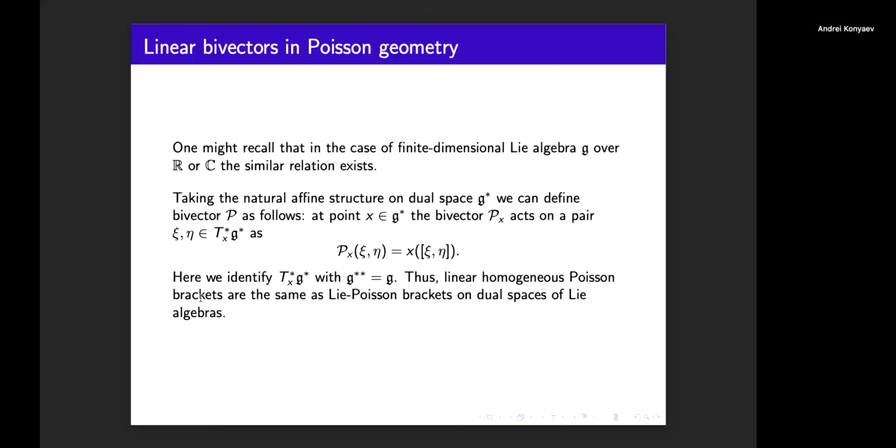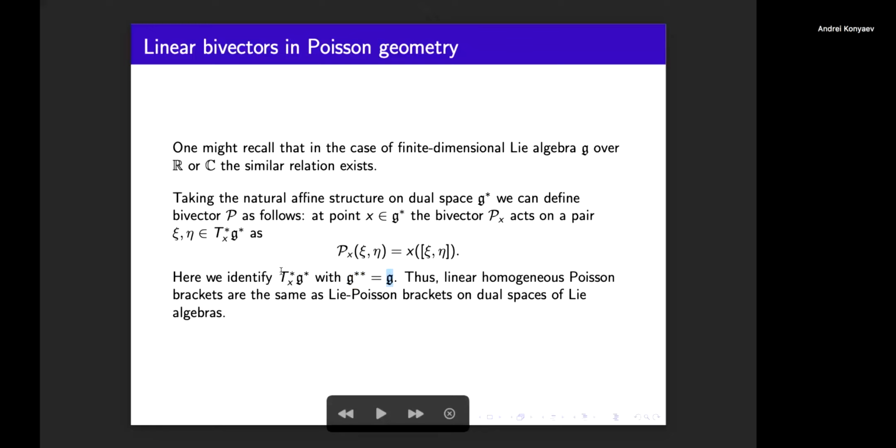We say that if you have a finite dimensional Lie algebra, then there is a natural affine structure on both the Lie algebra itself and its dual space. If you have a Lie algebra, then you can define a bivector which acts like this. Look at this formula. It means that at point x in the dual space, it acts on a pair of vectors, which are actual elements of this space, but because of the finite dimension, we have this, right?